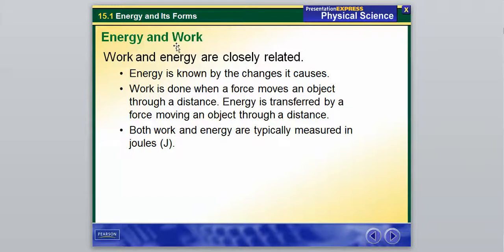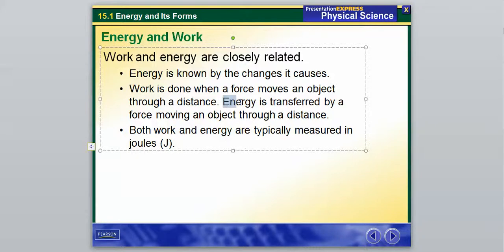Energy is known by the types of changes that it causes, and one example of a change is work. Work is done when a force moves an object through a distance, which we just talked about, because remember, when the object is not moving, there's no work being done. While that force is moving the object through the distance, energy is transferred.